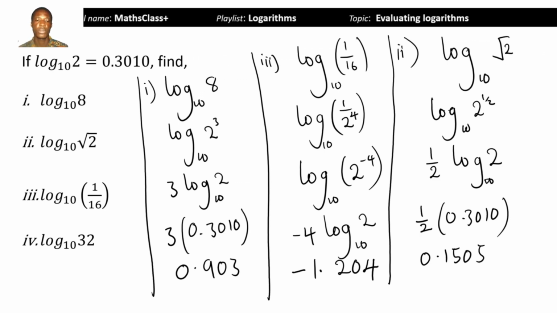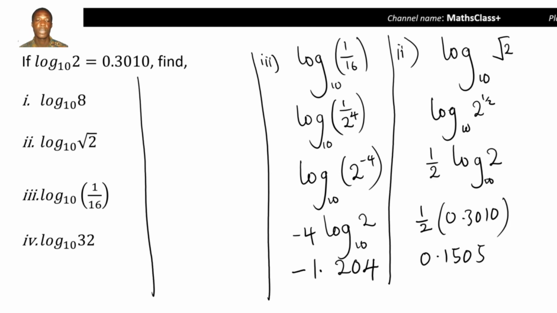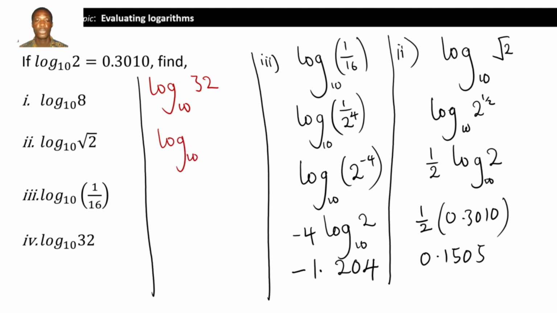Okay, so let's go and then work on our last example. We have log to the base 10 of 32, which we can rewrite as log to the base 10 of 2 to the power 5.